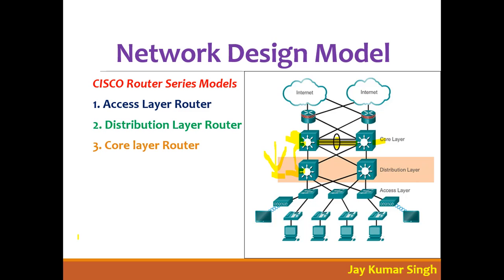See, there are three types of port. One is the Ethernet port, the second is the Fast Ethernet port, and the third is the Giga Ethernet port. The Ethernet port sends data at a speed of 10 Mbps, Fast Ethernet 100 Mbps, and the Giga interface 1 Gbps, 1000 Mbps.